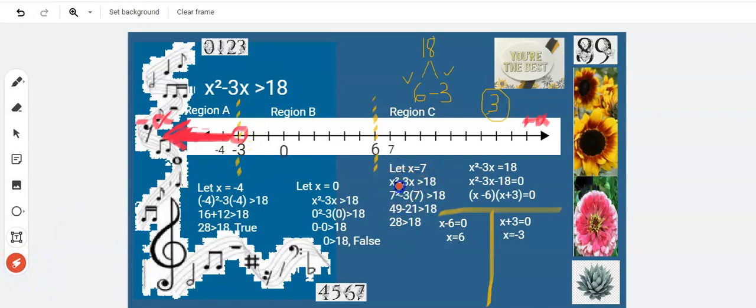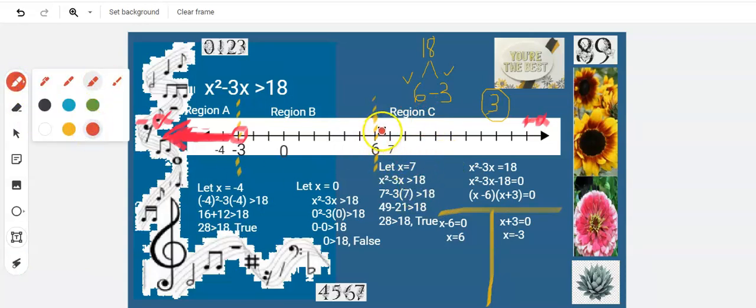So ilisan ang x of 7. So after substituting and evaluating, we have 28 is greater than 18, which is true. Which means that region C is part of the solution set. Again, kay wala man appeal ang 6 sa solution set, so we have a hollow circle here. And since region C is part of the solution set, we draw a straight line from the hollow circle going to positive infinity.